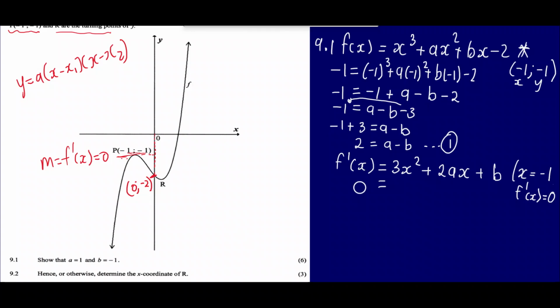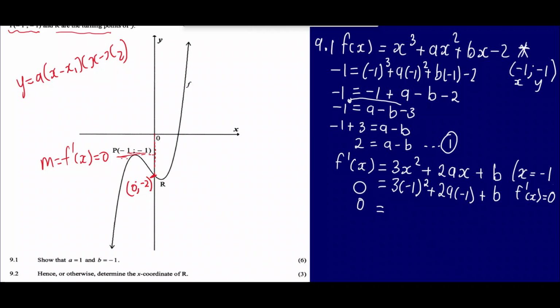So we can substitute 0 here, saying that the gradient at the turning point is 0, and the x coordinate that corresponds to that gradient is -1. So I'm plugging in x as -1, and the derived value as 0. We do this, and now we can create another equation.